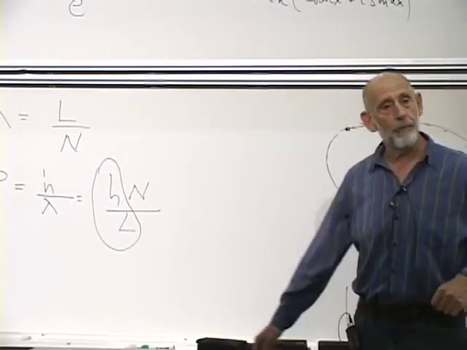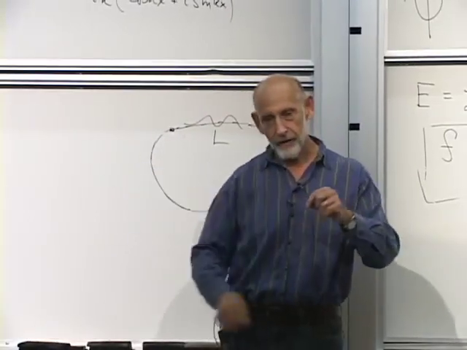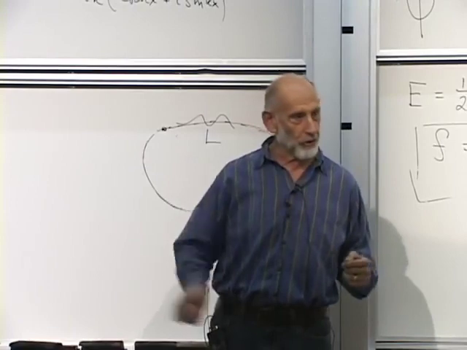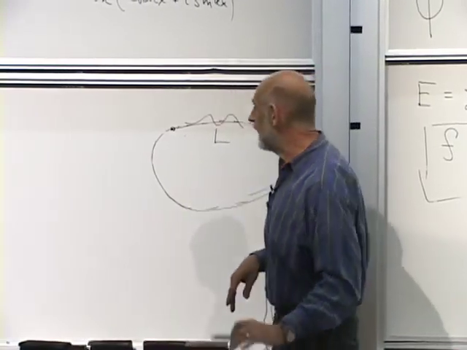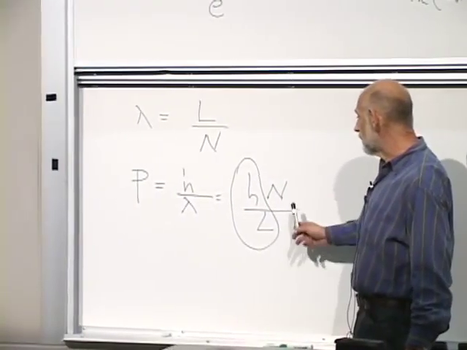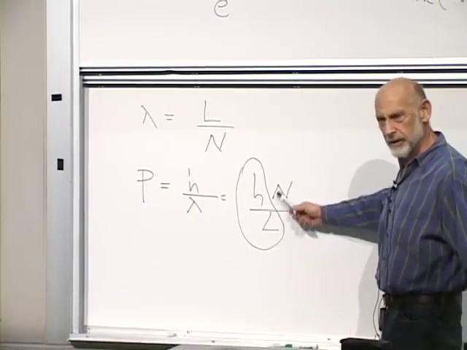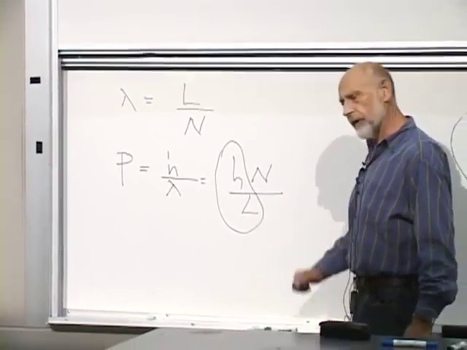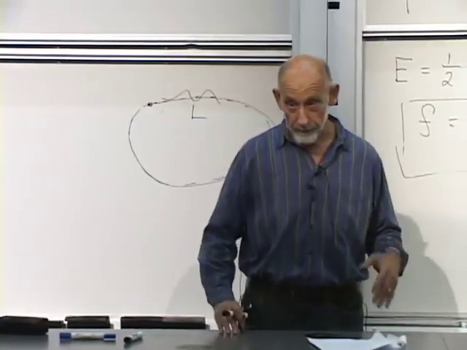There's a neat fact. If you put a particle on a wire, and the wire is a circular wire, a bead on a wire, that bead can only have momenta which are discrete multiples of h over L. N is the multiple, and L is the length of the wire.